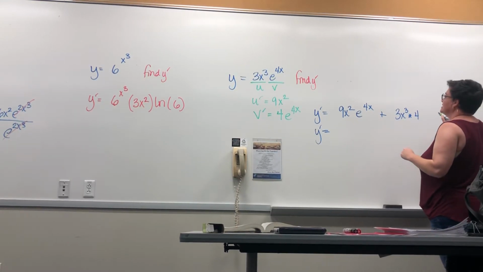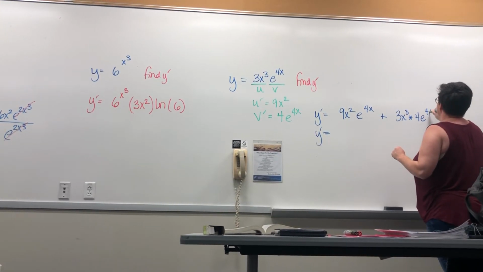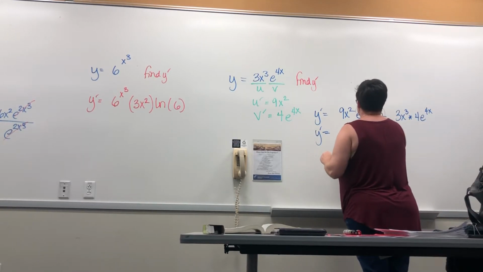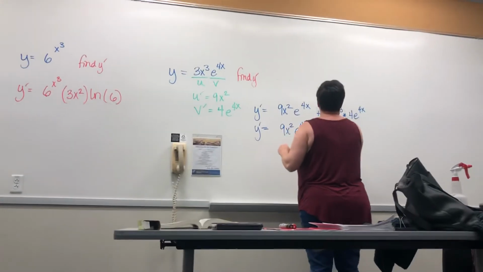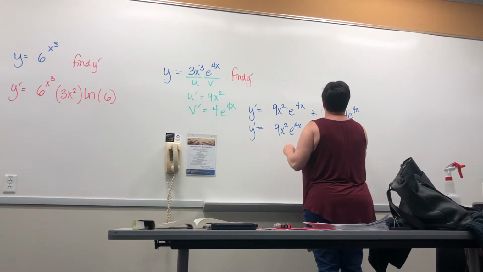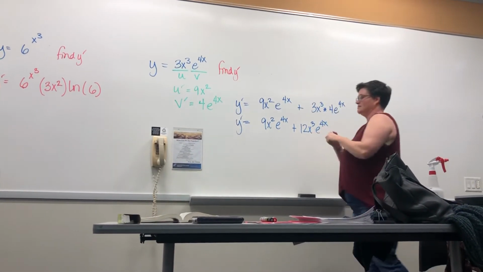That's where I went off. So this becomes 9x squared e to the 4x plus 12x cubed e to the 4x.